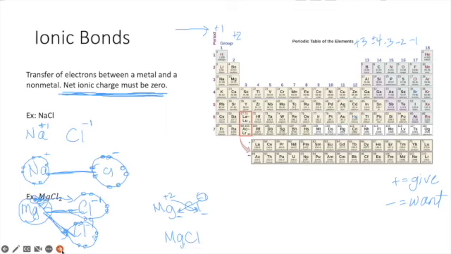Anytime something has a subscript of 1, we can omit it. And then that gives 2 to our chloride. And the same worked up here with NaCl. They just both happen to have subscripts of 1. And so therefore we were able to omit them.